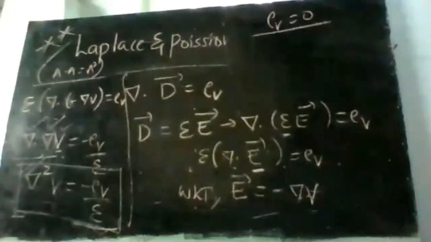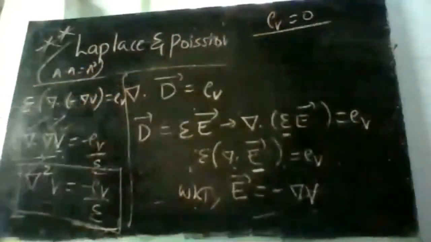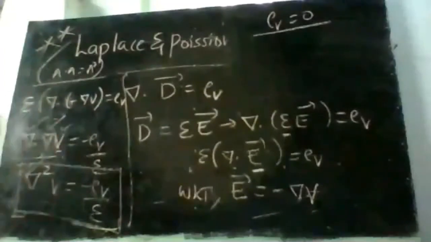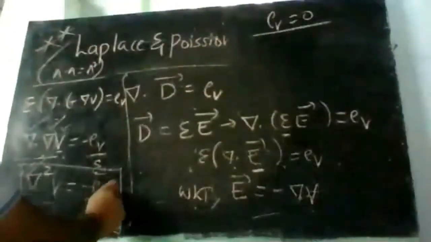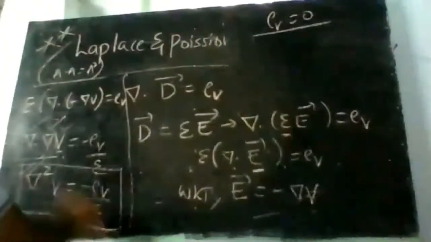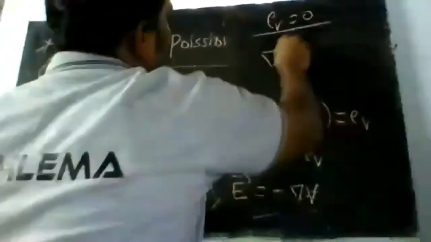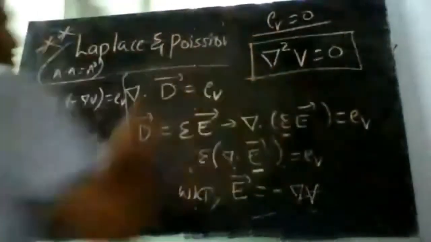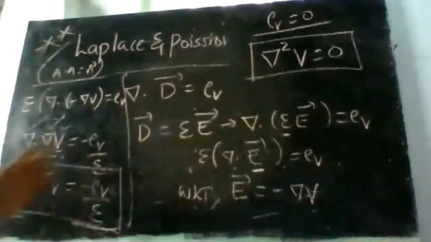So for dielectric mediums, rho v is always equal to 0. For any material, if rho v is equal to 0, epsilon is not 0, then del square v will become equal to 0.